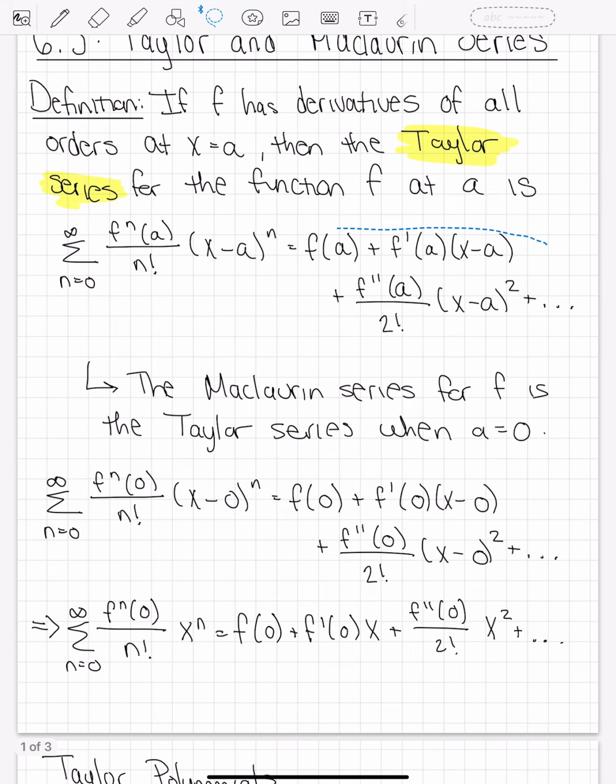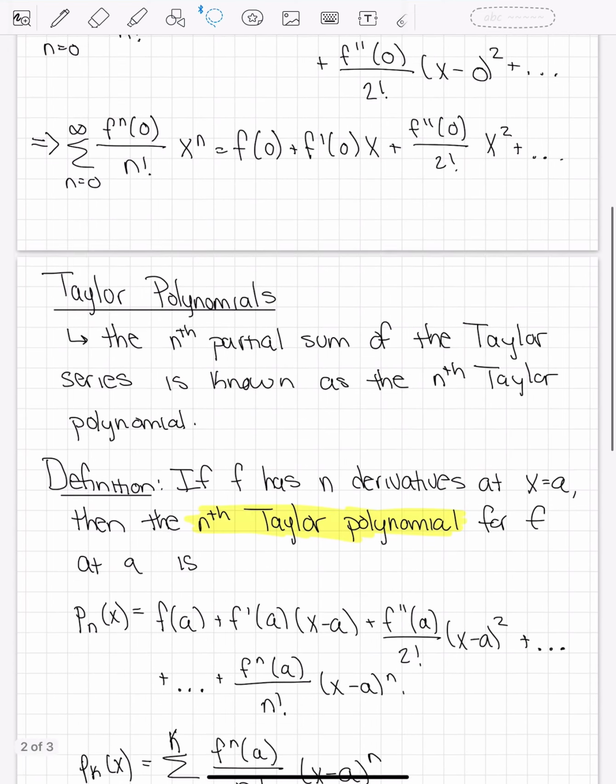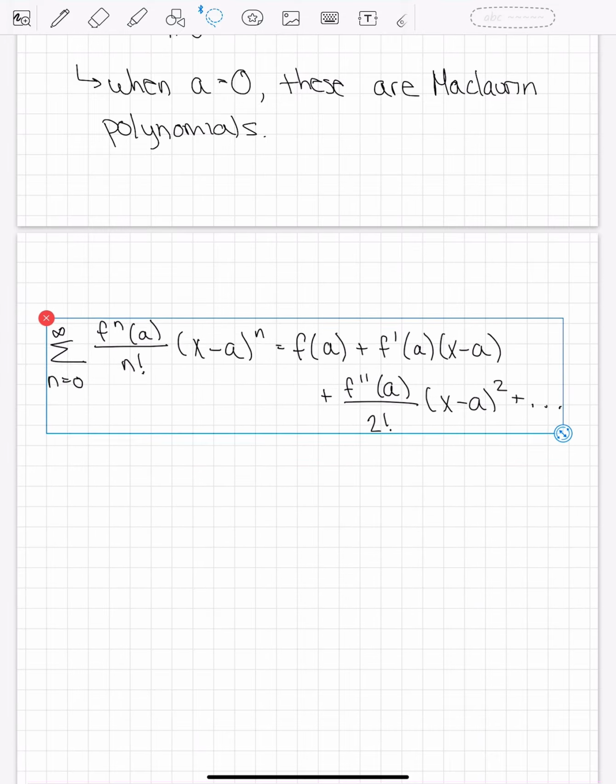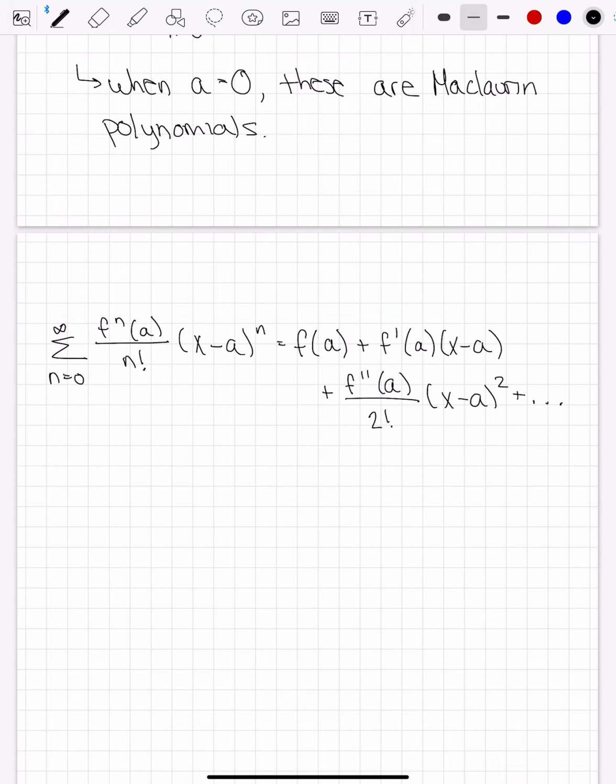Our definition for Taylor series is here, and let's do the first 4 partial sums of this. So we're still talking about Taylor polynomials, because remember, Taylor polynomials are equivalent to the partial sums for Taylor series.